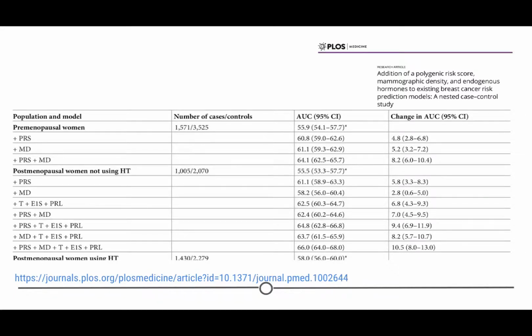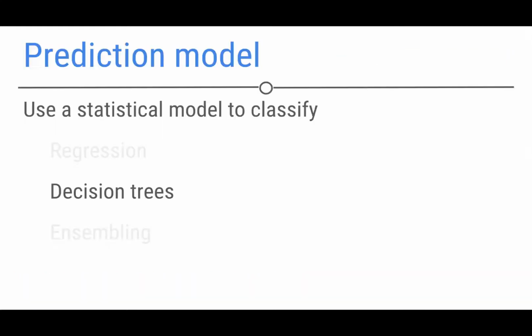So for example, when we include the polygenic risk score, we might increase the AUC, or area under the curve, from 55.9 to 60.8. Then when we add mammographic density, we might increase the AUC a little bit more. And when we combine those features, we might get an even better prediction. So the idea here is that we build regression models where we include different numbers of terms, and then we validate how well we think that prediction model is working.